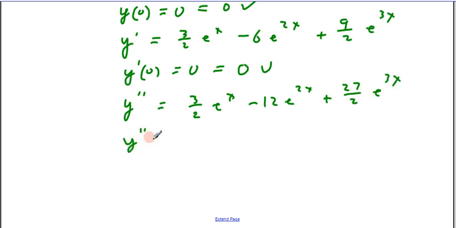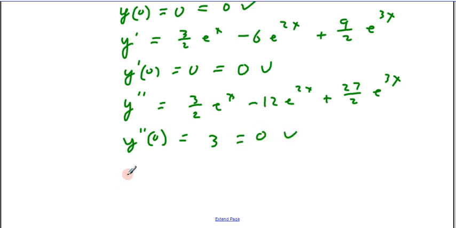Y double prime at 0 is supposed to be 3. Thirty divided by 2 is 15, minus 12 is 3.